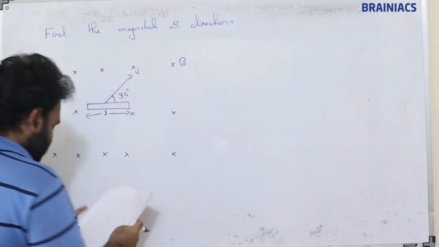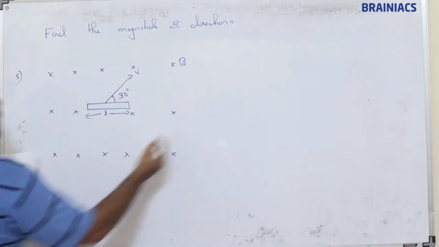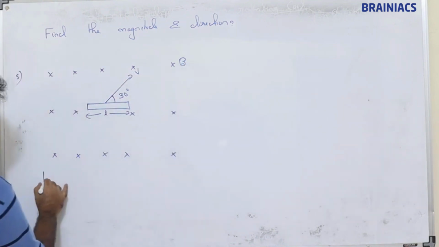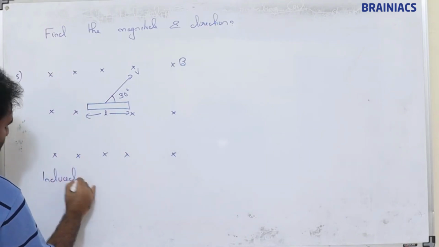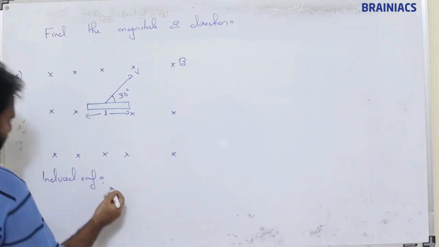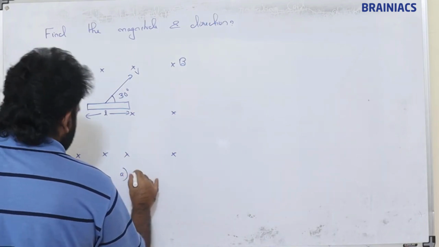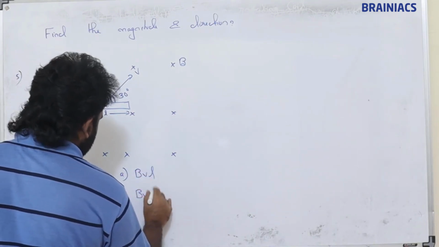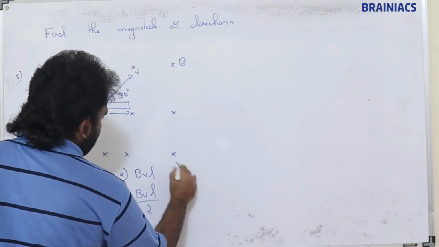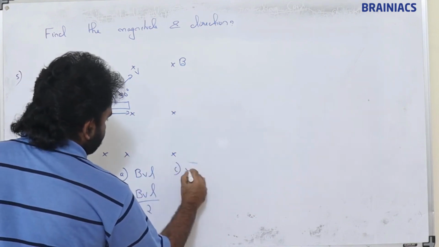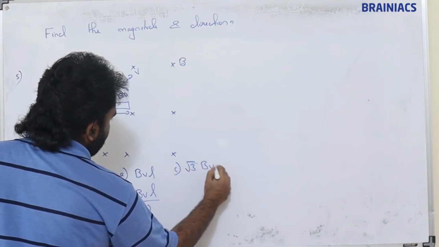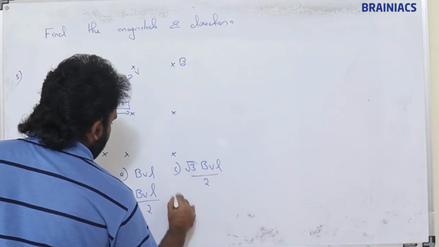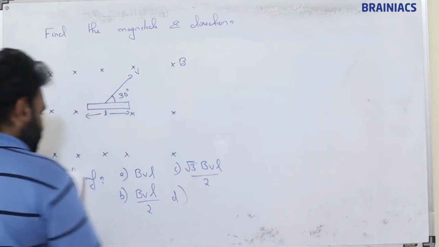So what is the induced EMF? Options are A, BVL; B, BVL by 2; C, root 3 BVL by 2; option D is 2 BVL.